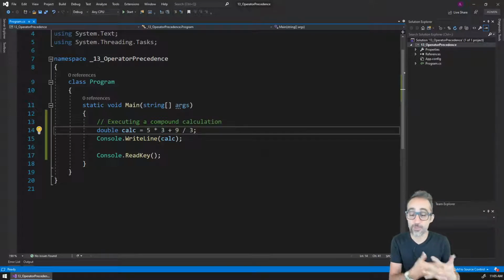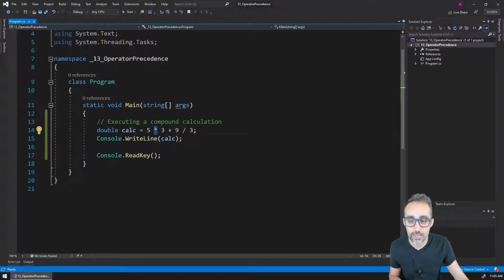means that some operations are more important than others, and they are meant to be executed first before other operations are computed. If you remember from algebra, multiplication and division had precedence over addition and subtraction.